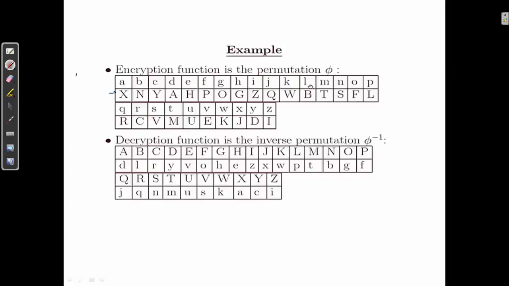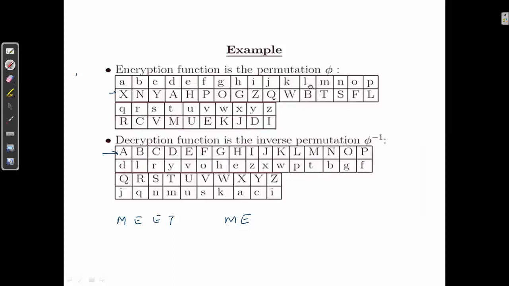Now for the decryption function, if you find A in the ciphertext, that goes to D. If you find F in the ciphertext, you search it, that goes to O. For example, I write a simple message, M double E T, meet me. First we encrypt it.